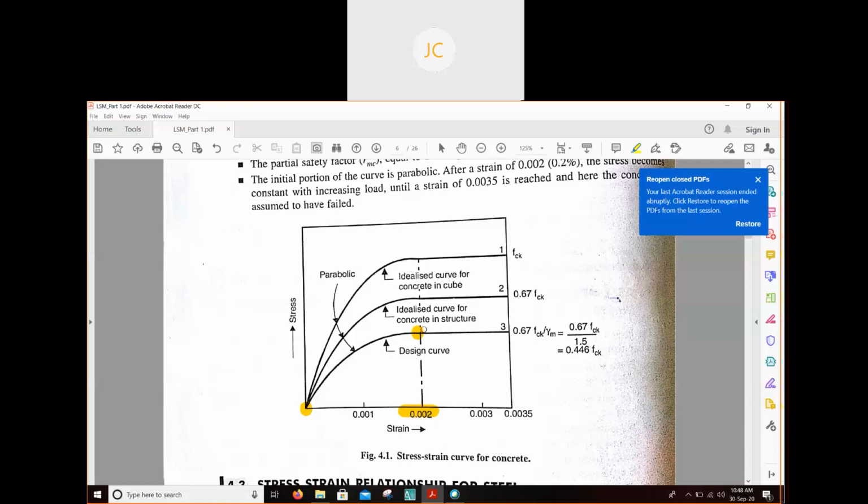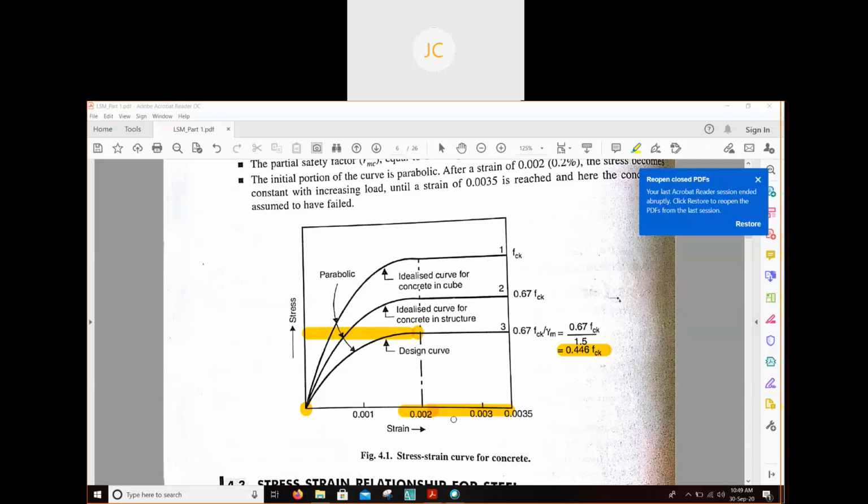Beyond this point, the stress is 0.446 times fck. Beyond this point the stress is constant, but the strain is continuously increasing. First it was 0.002 and finally it will reach 0.0035. After reaching this point your concrete will fail.